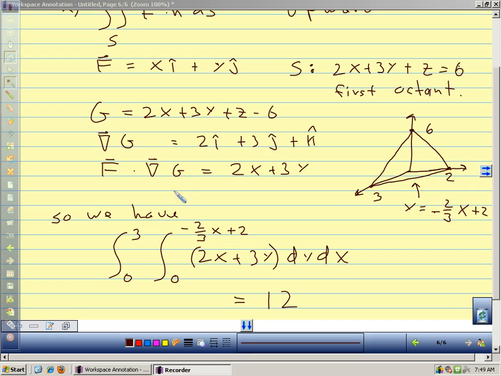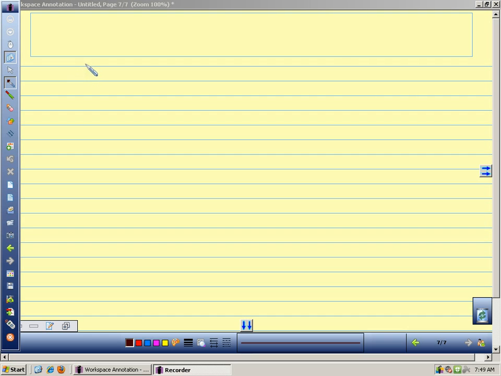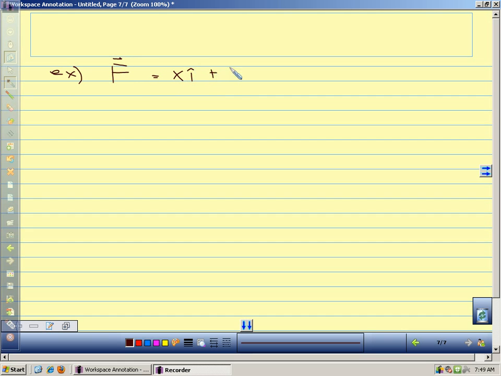All right, this next one I just want to talk about the setup. I'm not going to go through the entire example, and then there's one other example I want to do. So if we had something like our field where we want to evaluate the flux integral, and F equals xi plus yj plus zk.